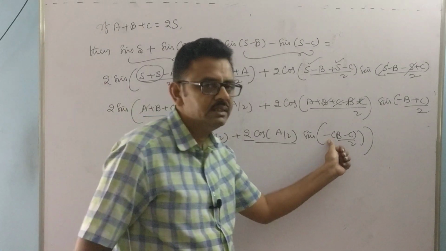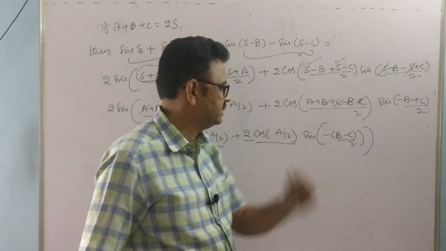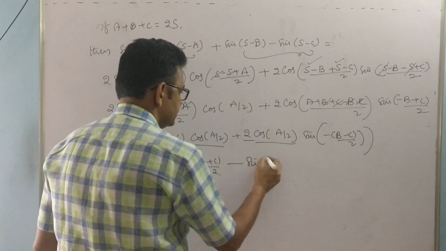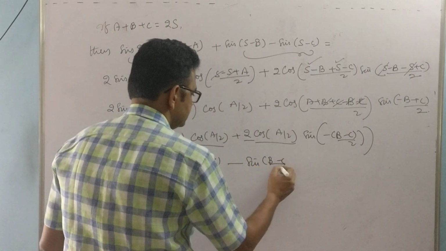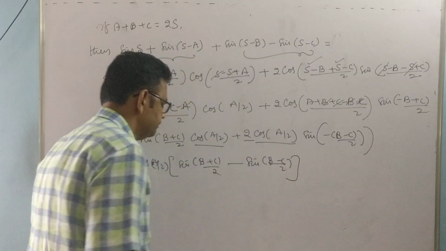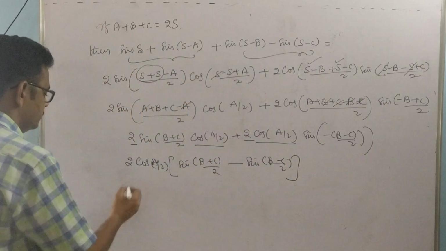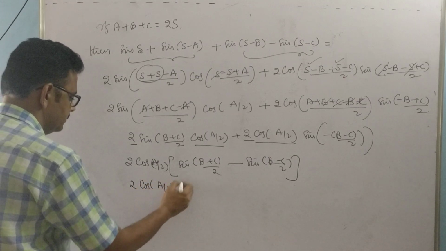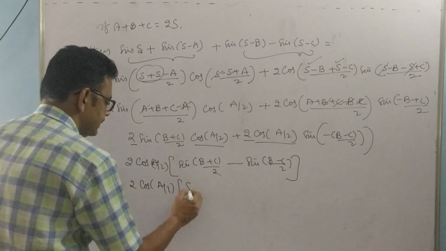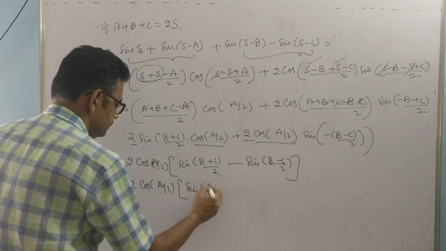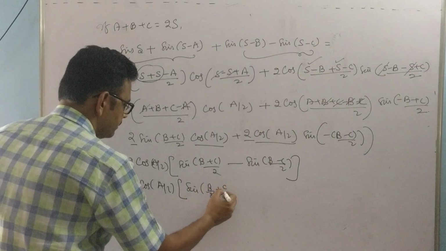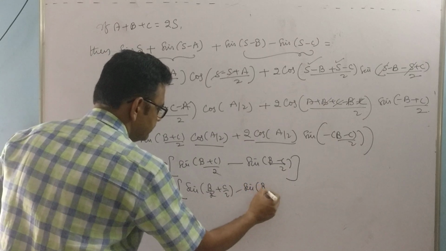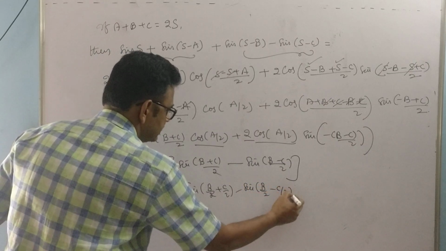Sin of minus theta equals minus sin theta, so this is minus sin of (b minus c) by 2. So this is 2 into cos a by 2, this is sin of b by 2 plus c by 2 minus sin of b by 2 minus c by 2.